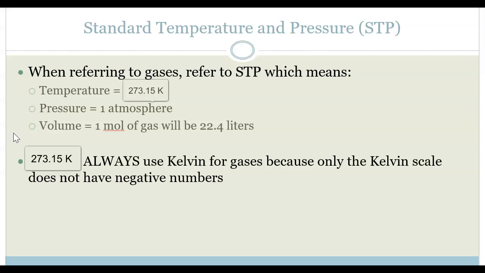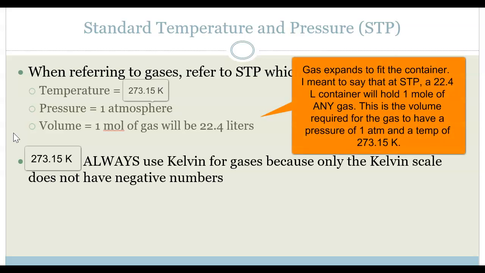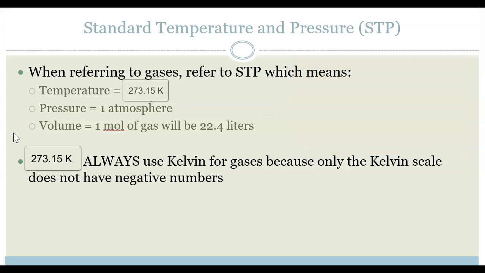And at standard temperature and pressure, the pressure will be 1 atmosphere. This also means that at standard temperature and pressure, 1 mole of gas will fill 22.4 liters of a container.